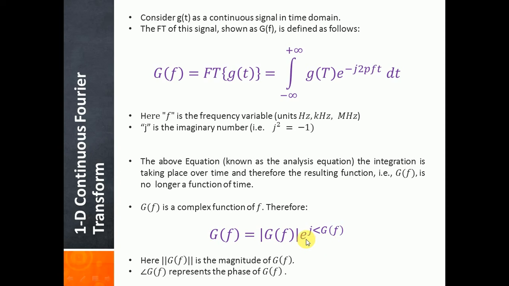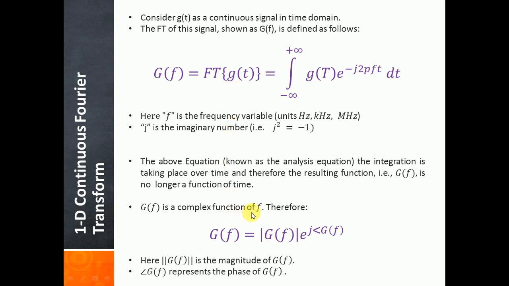In other words, and this is interesting and important to note, it's a common mistake students make: when you have the signal g(t), in the diagrams the x-axis is the time domain and the y-axis is the amplitude.